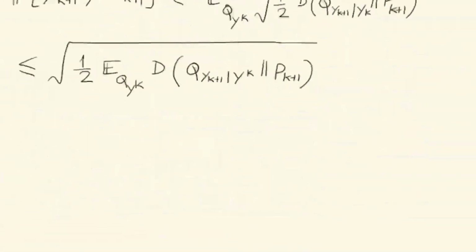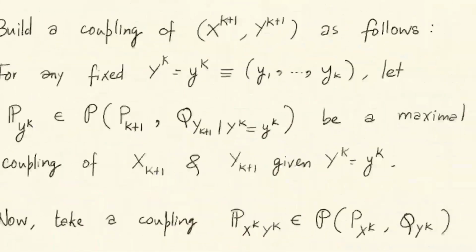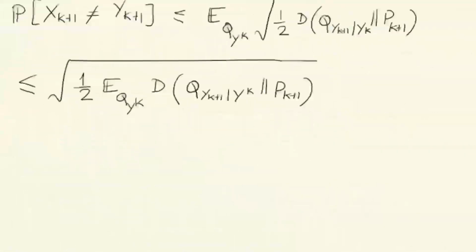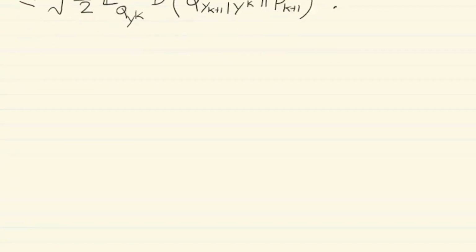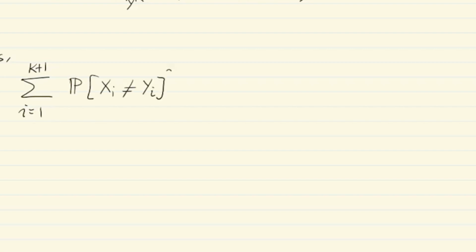So this is by Jensen's inequality. So finally what we have is that the statement star for n equal to k plus 1, its left hand side is simply the sum over all i going from 1 to k plus 1 of the probability squared that xi not equal to yi.